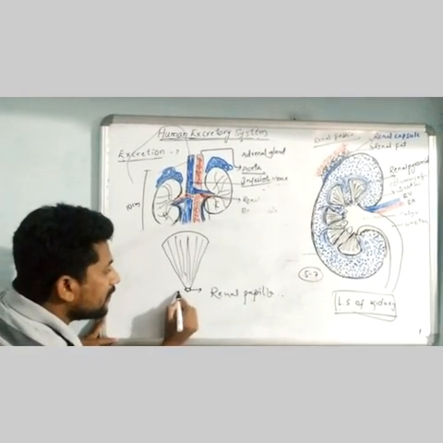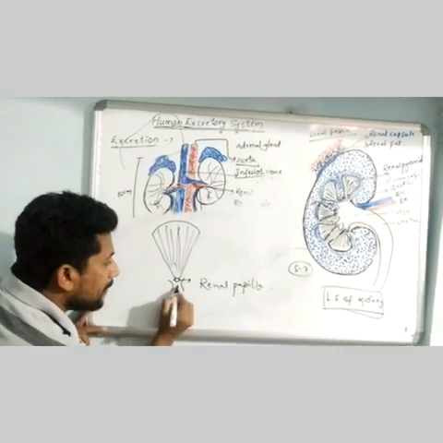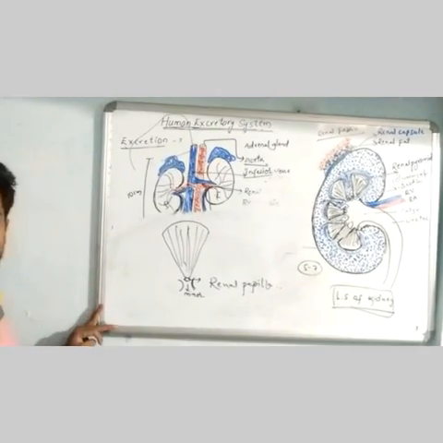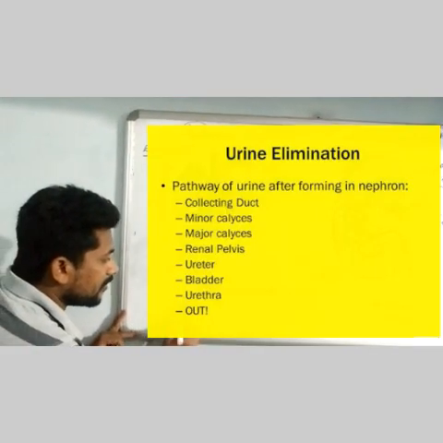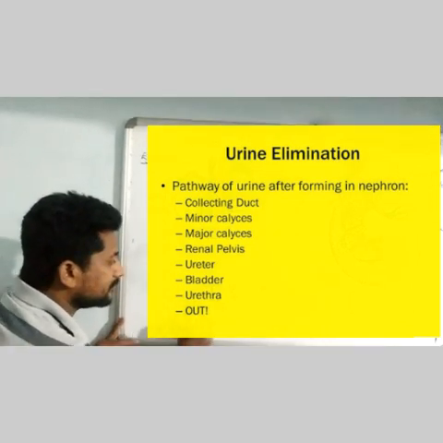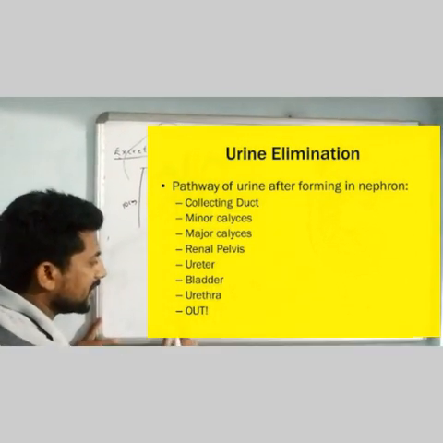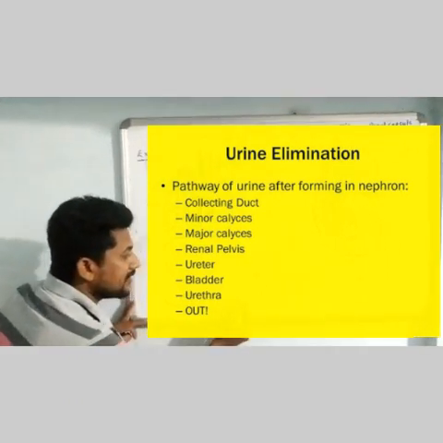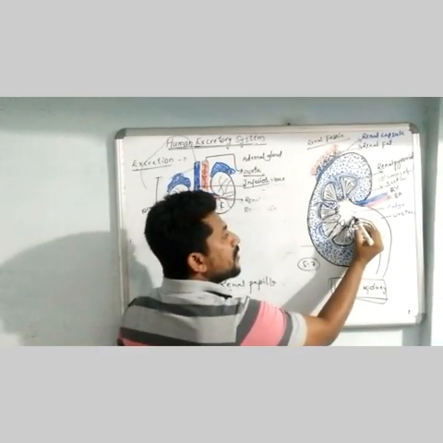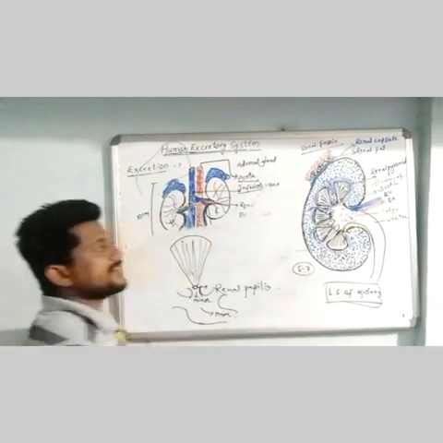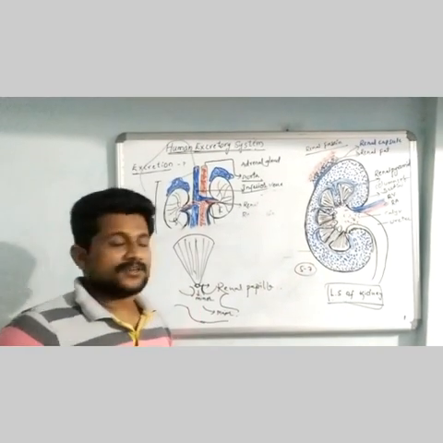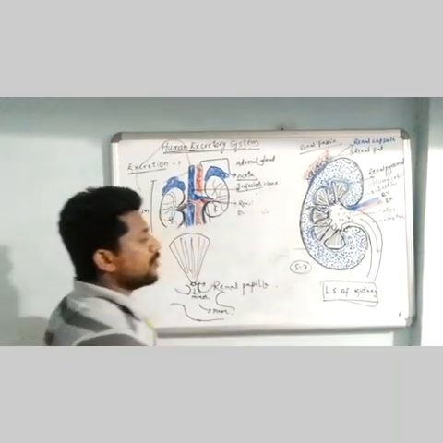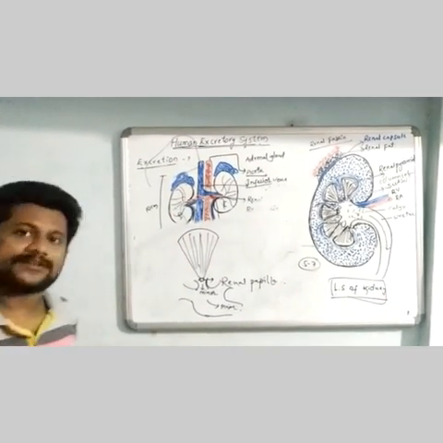The renal papilla opens into the minor calyces, and the minor calyces open into the major calyces. From the major calyces the urine enters the calyx part. From here the urine flows towards the urinary bladder through the ureter.